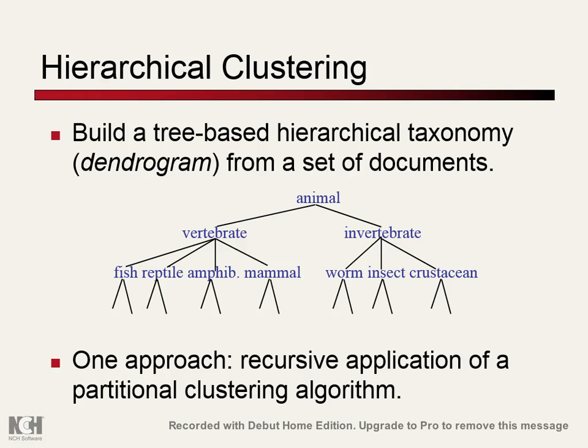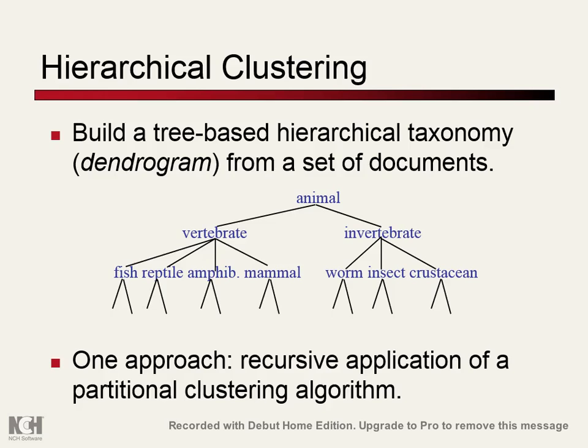Next, we talk about hierarchical clustering. Hierarchical clustering is to build a tree-based hierarchical taxonomy, which we call a dendrogram, from a set of documents. The dendrogram is a tree structure.